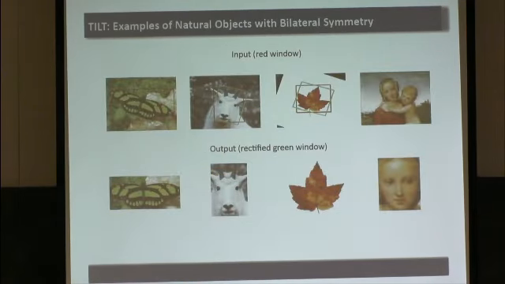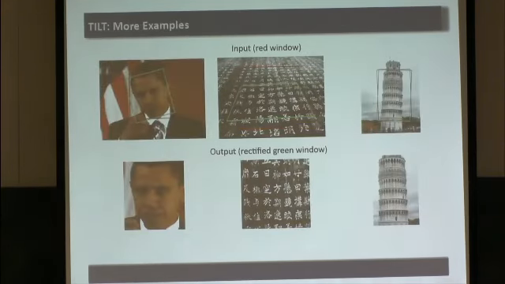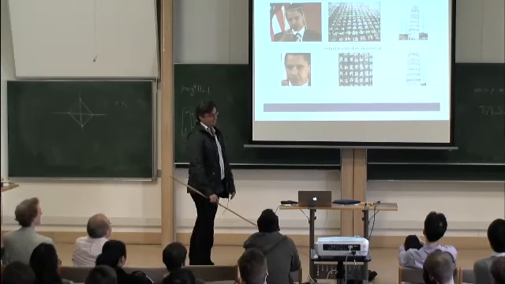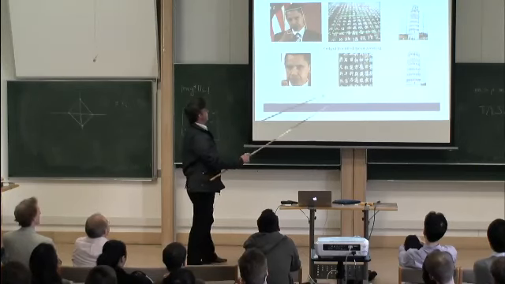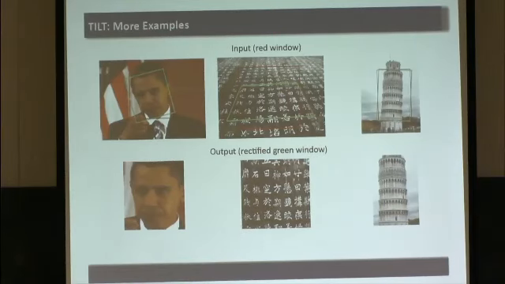So you can do lots of things, and people sure do lots of things and are quite excited about it. I find this really impressive: you want to do character recognition, but you have this perspective effect. You undo it with this simple algorithm, and all of a sudden you can recognize those Chinese characters.